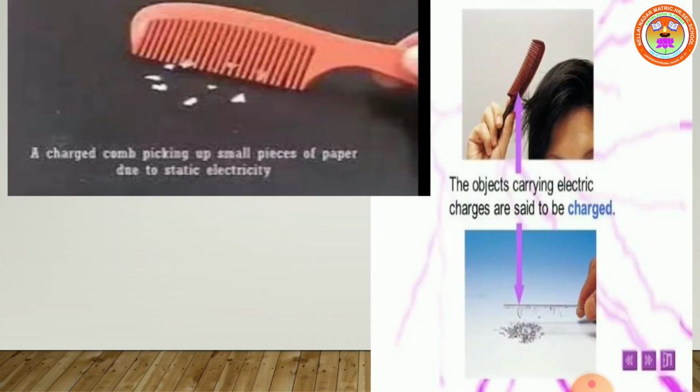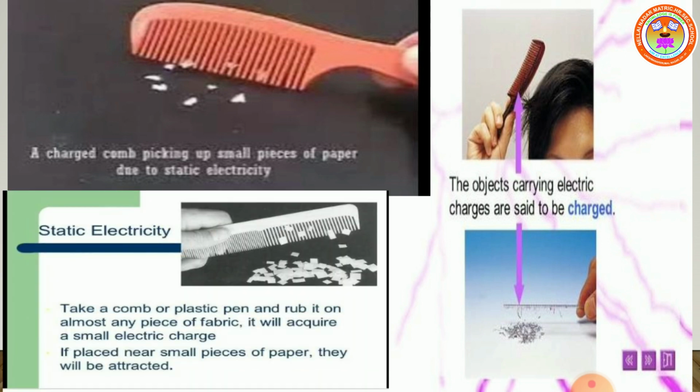The substance which gains electrons becomes negatively charged and the substance which loses electrons becomes positively charged. Transfer of charges takes place in three ways: transfer by friction, transfer by conduction and transfer by induction.